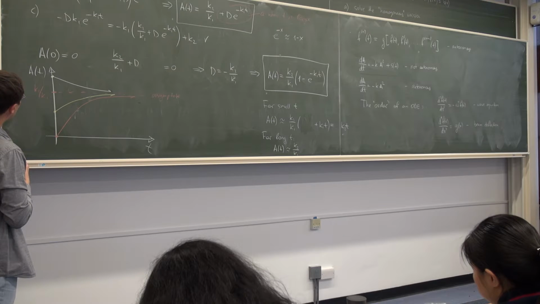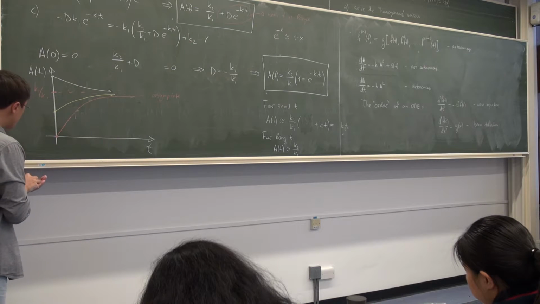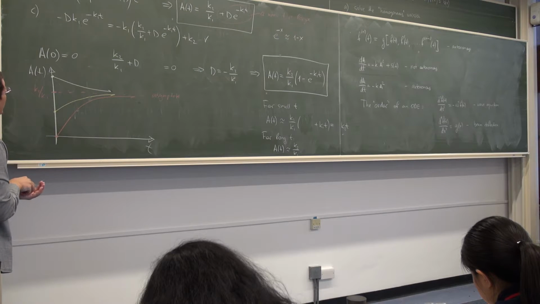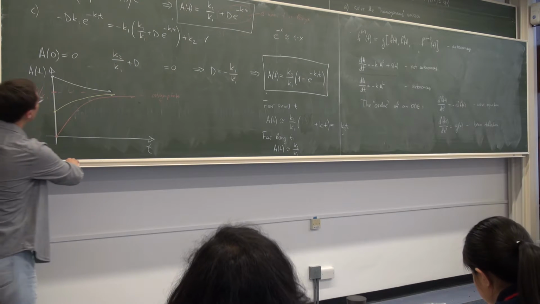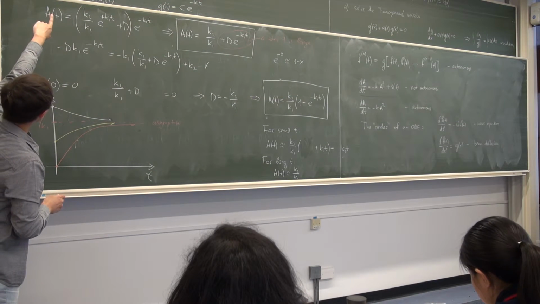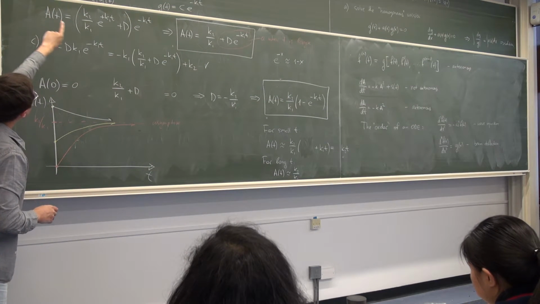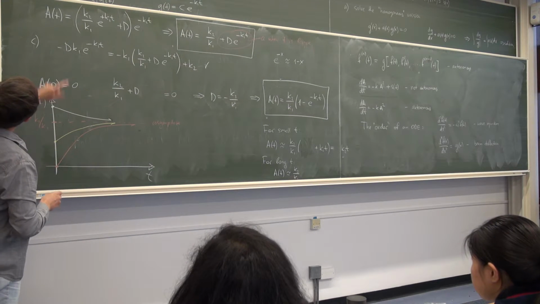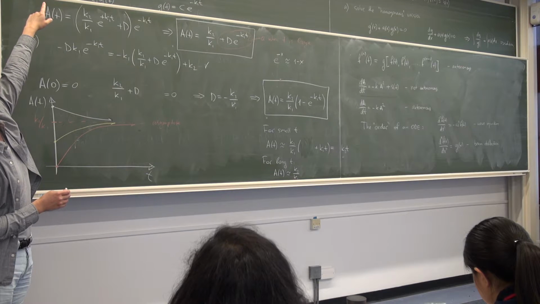Finally, what we need to observe in here is that this asymptote that we have obtained dynamically is in fact also encoded in our differential equation over there. If you remember the definition of the steady state, that is the situation where the concentration no longer changes.